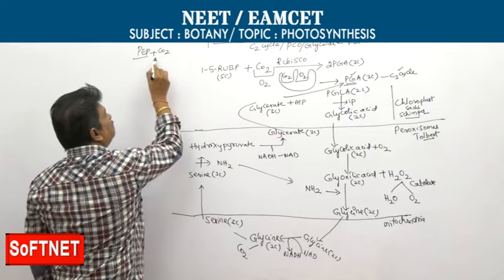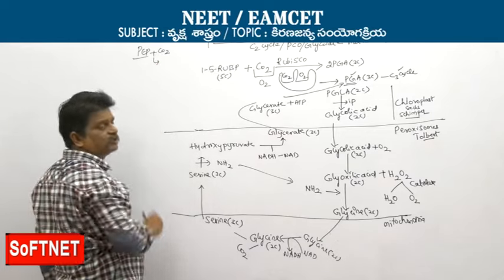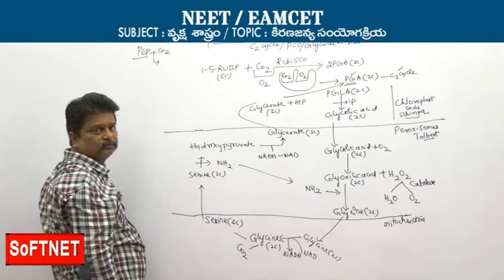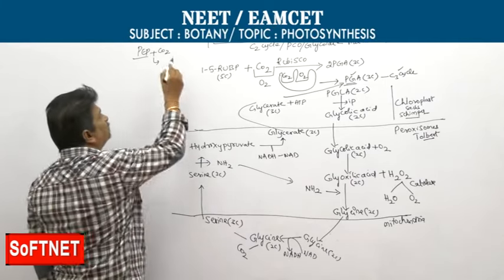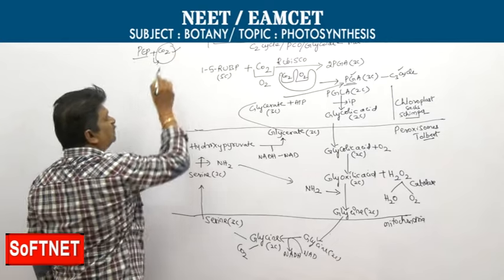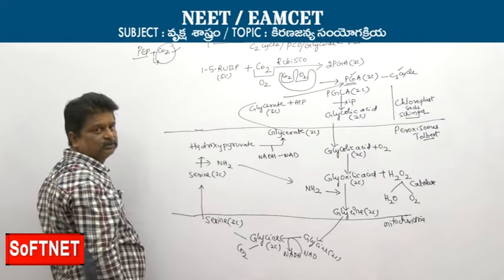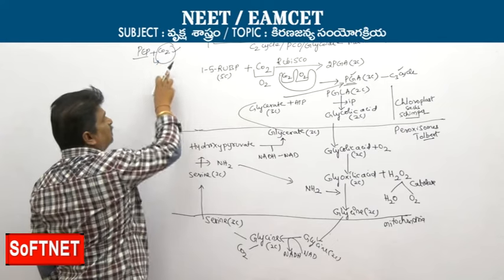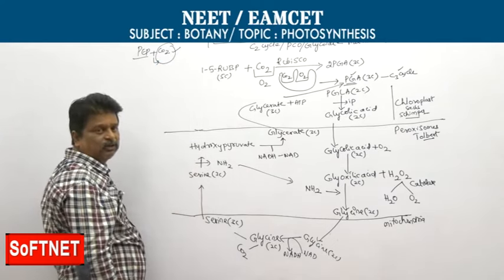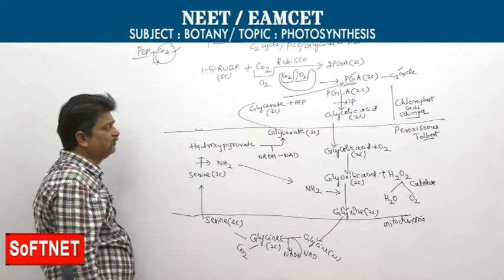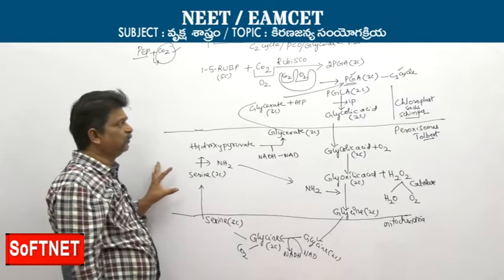So in C4 plants, the intracellular carbon dioxide concentration is increased and always more than oxygen. So, no chance of photorespiration in C4 plants.